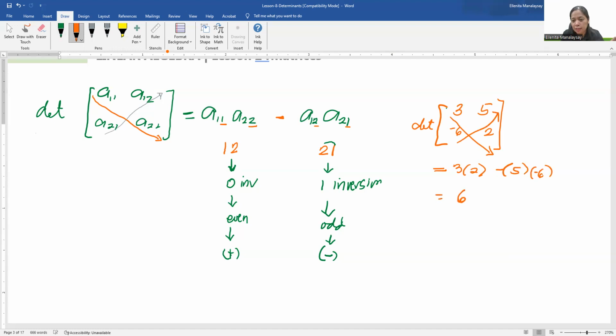So we have 6 minus -30, which is 6 plus 30, that is 36. So the determinant of this 2 by 2 matrix is positive 36.